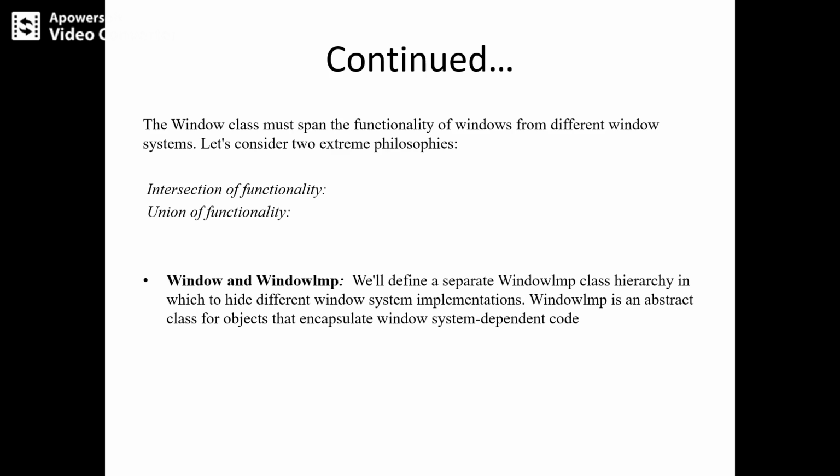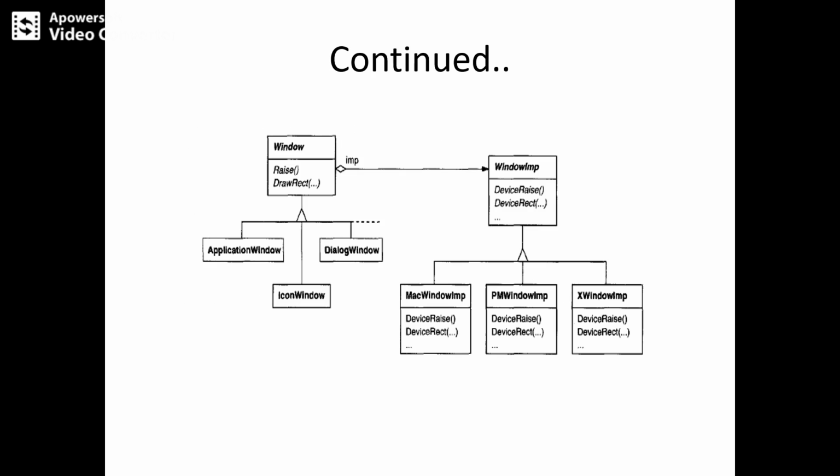To make Lexi work on a particular window system, we configure each window object with an instance of a window IMP subclass for that system. This diagram shows the relationship between the window and window IMP hierarchies.